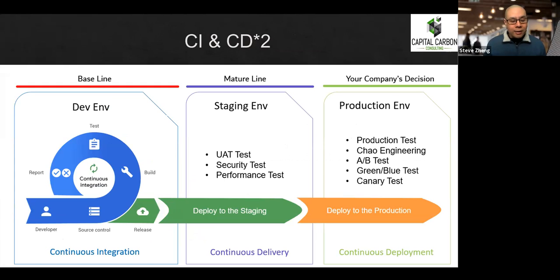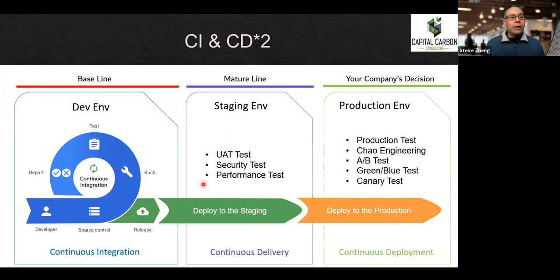So as I said, CI doesn't do the release, but CD does. Continuous delivery extends CI and deploys the build to your staging environment, here, continuous delivery. Some companies prefer to call the staging environment the UAT environment, so that is the reason I use UAT here. UAT refers to the user acceptance testing environment.